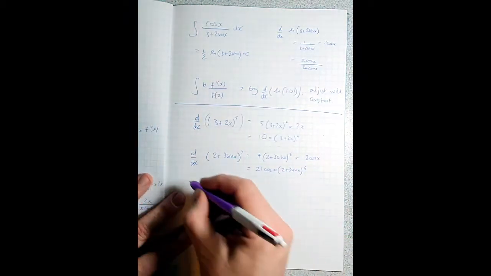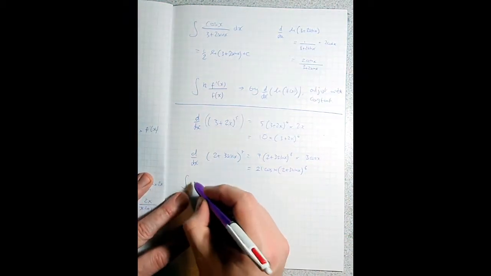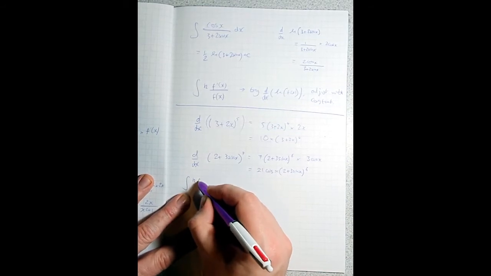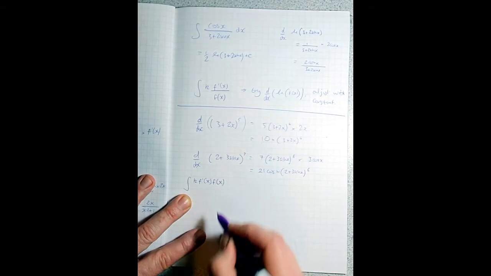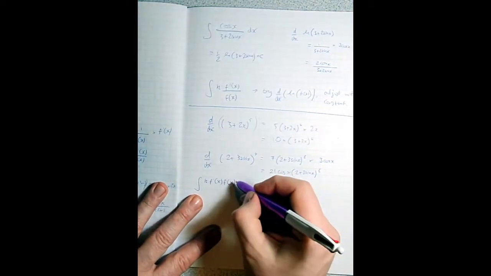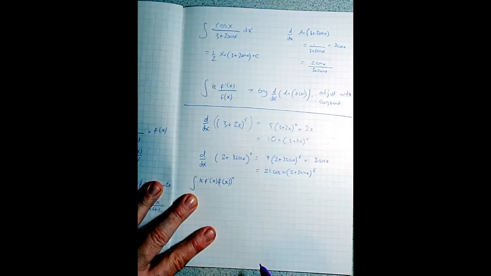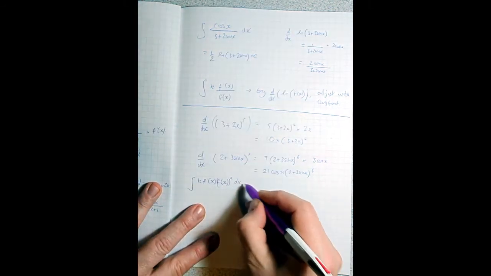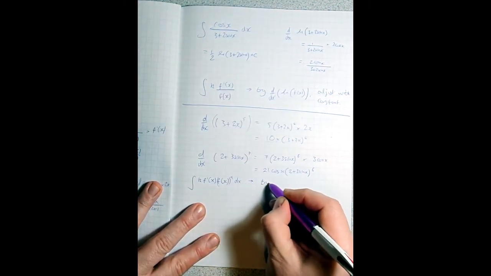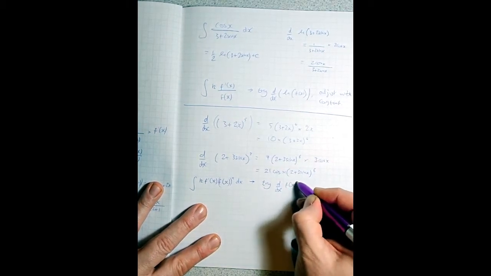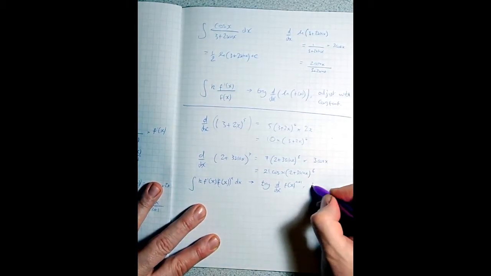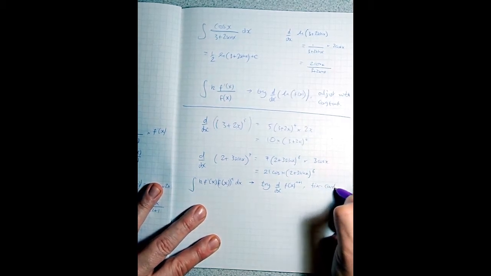So in general, to integrate a constant multiplied by the derivative of a function multiplied by the function to some power, we can try to differentiate the function to the power plus 1 and then fix with a constant.